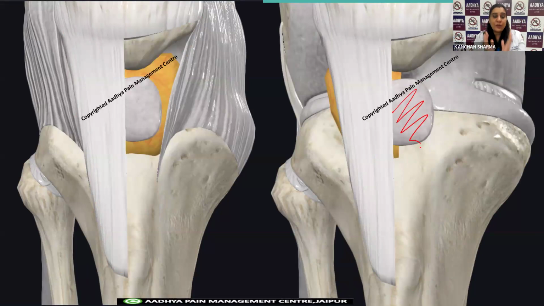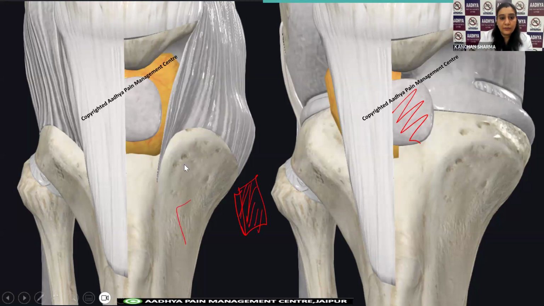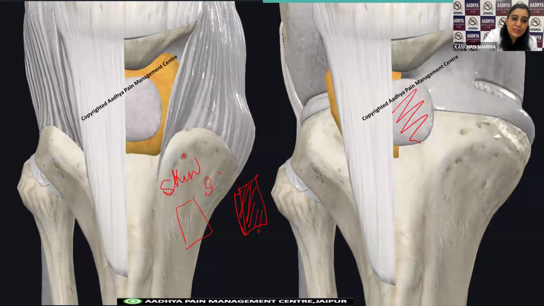If I ask you where it is located, it is located between the patellar tendon and the tibia. Make it very simple: this is my patellar tendon, this is skin, then you have your subcutaneous tissue, this is my patellar tendon and this is tibia.